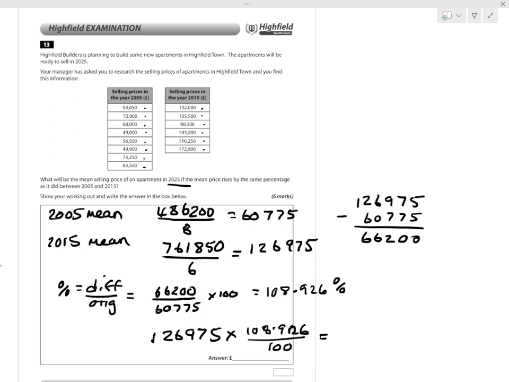Or no, that should just be a little bit. If it goes up 100%, it should be 250,000 or something. So I'm doing something fundamentally wrong with finding that.